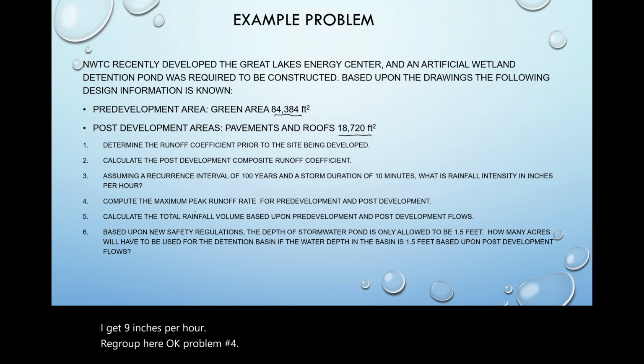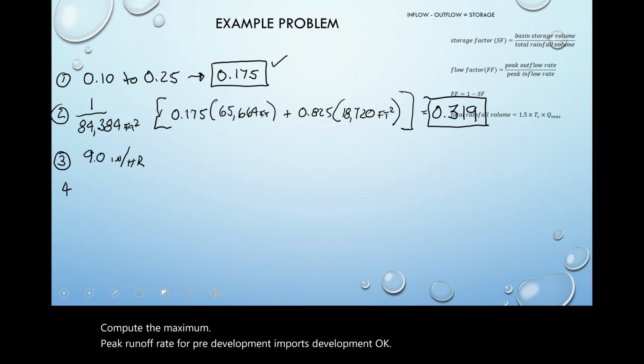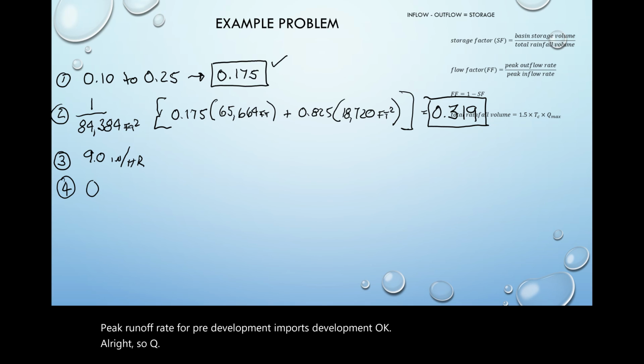Compute the maximum peak runoff rate for pre-development and post-development. All right, so Q equals C times I times area.